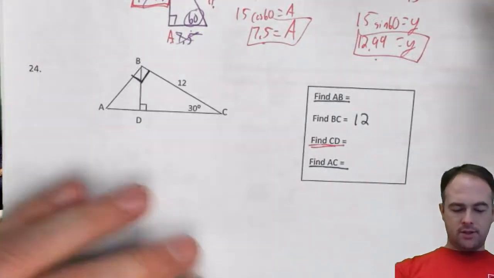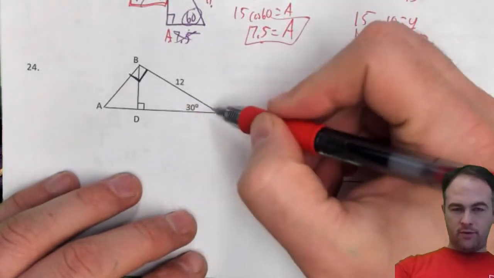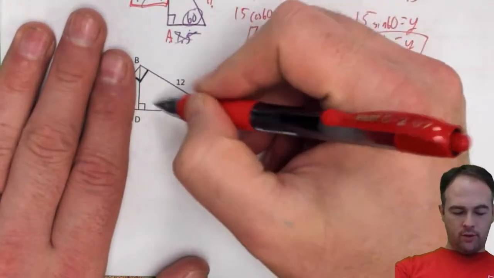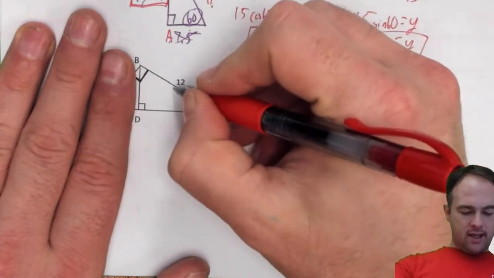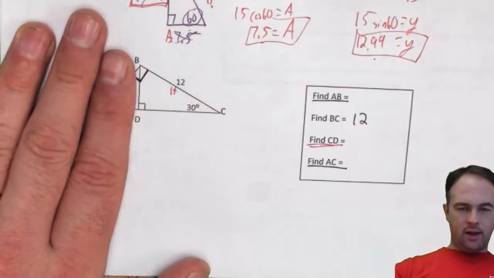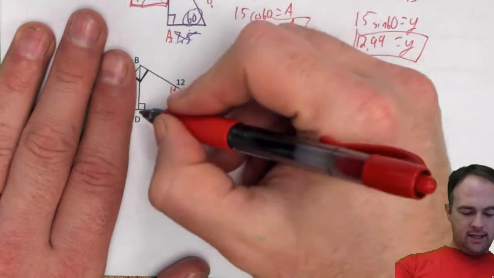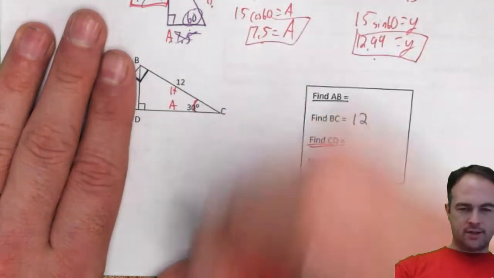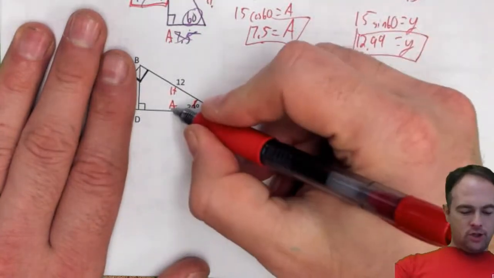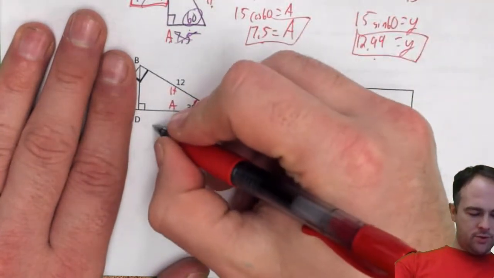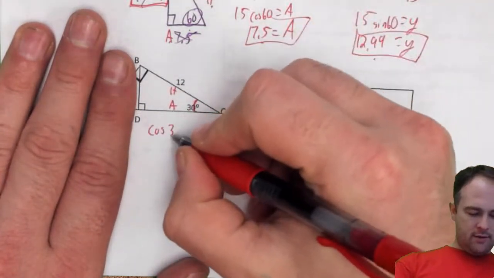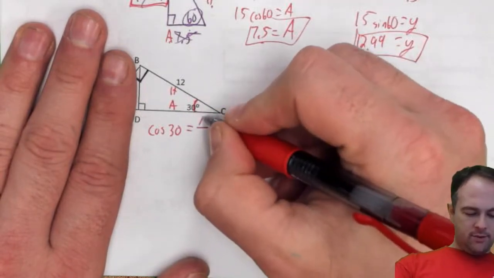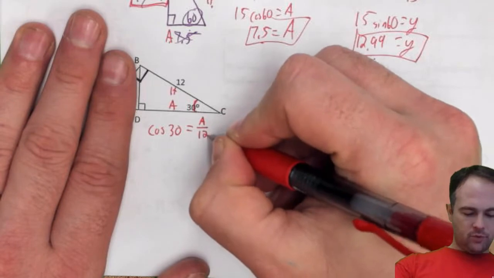So honestly, to start off with, I'm going to do my small one first. Now, realize that I'm talking about just this right triangle here on the right. In this case, 12 is the hypotenuse, and CD over here is going to be the adjacent side because 30 degrees is my reference angle. Adjacent and hypotenuse uses cosine. So cosine of 30 is equal to adjacent over hypotenuse, so A over 12.